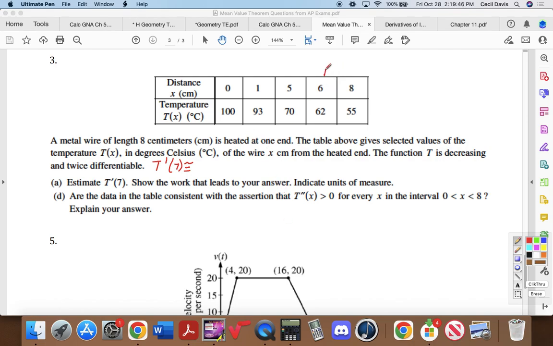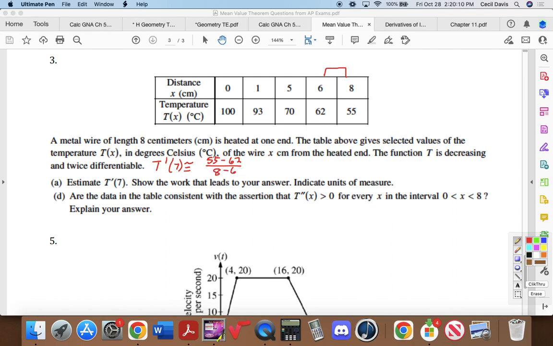Right. So what will we do with those? Average rate of change. Okay. So how would we write that? 55 minus 62, or 8 minus 6. Yep.